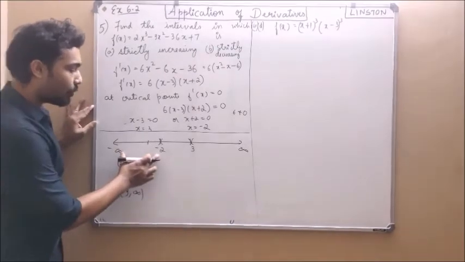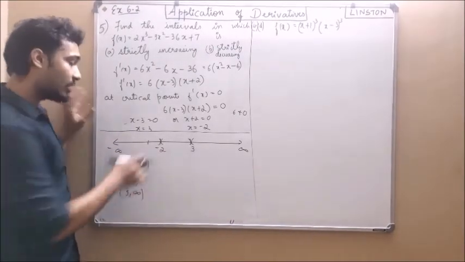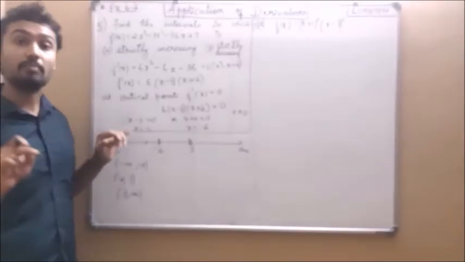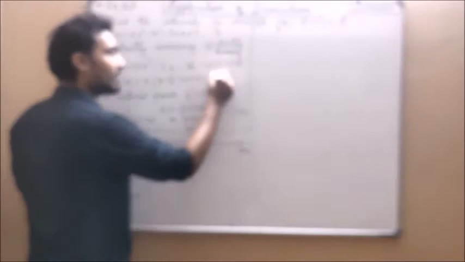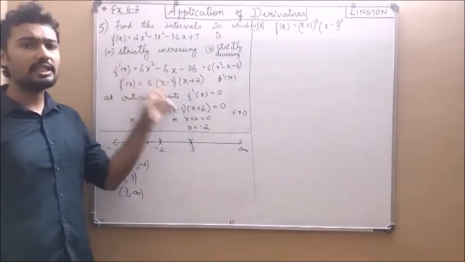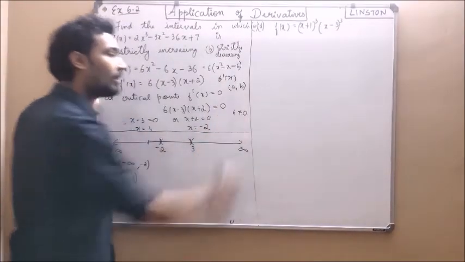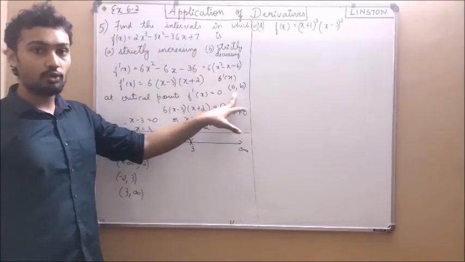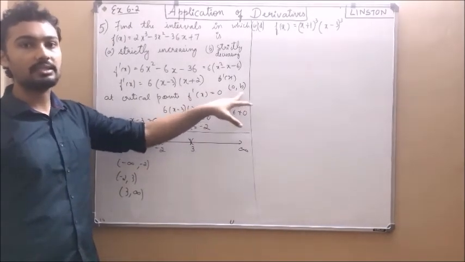Now we have to take any point in between each interval. Some of you might wonder why we cannot take the endpoint, why we cannot take minus 2. Because f dash of x is only defined on the open interval a comma b, where a and b are not included, and all the elements in between are included.